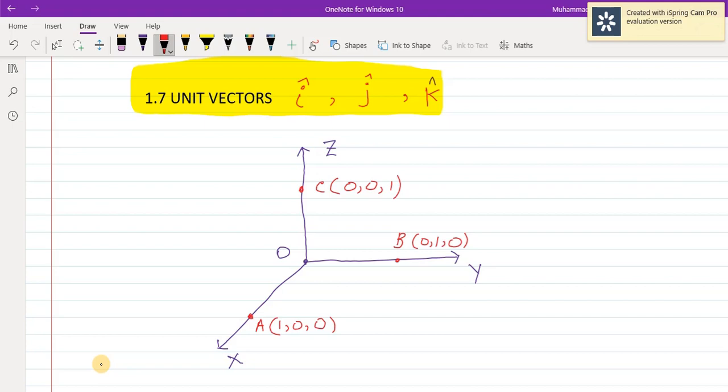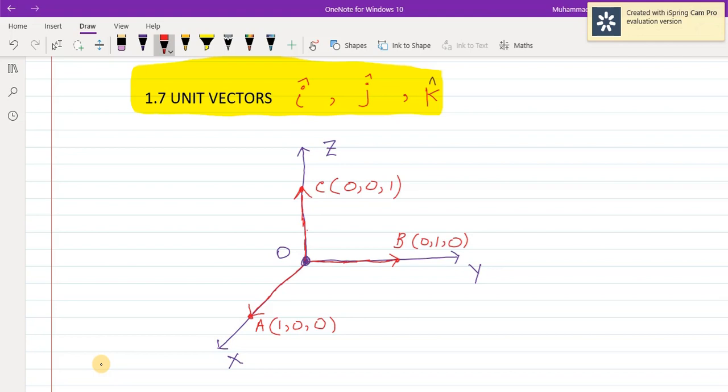Now we can make here three vectors OA, OB and OC. Students, you can see these three vectors in red color. Now we can denote these vectors with some notations.